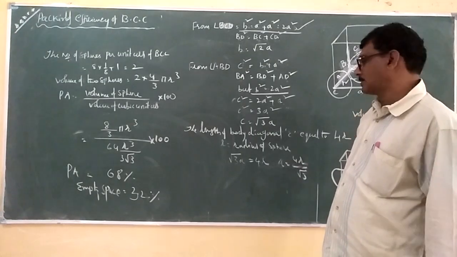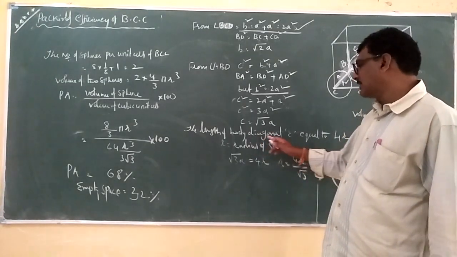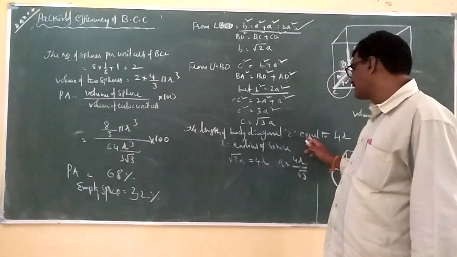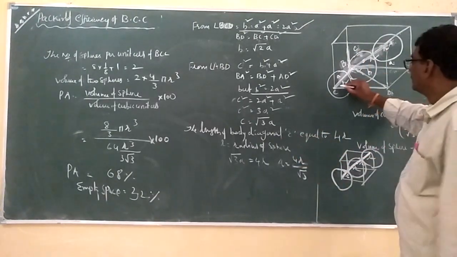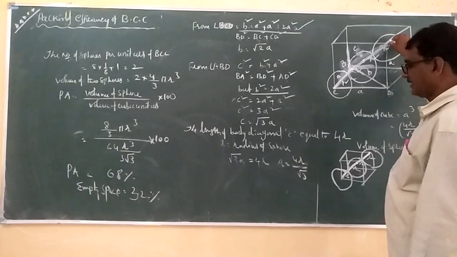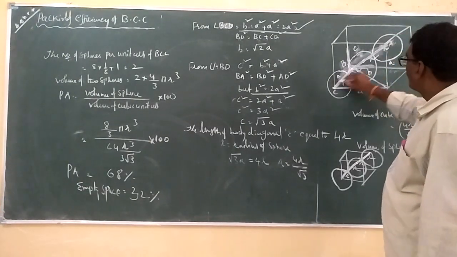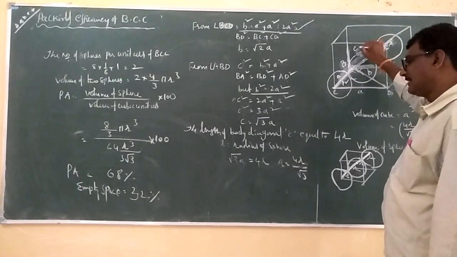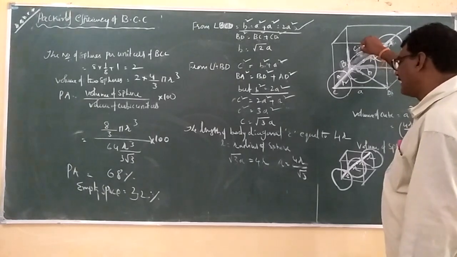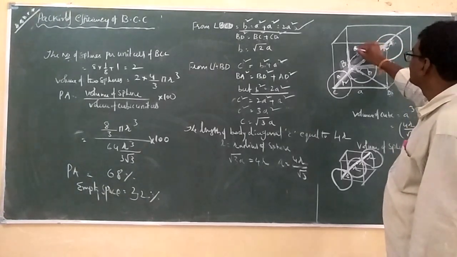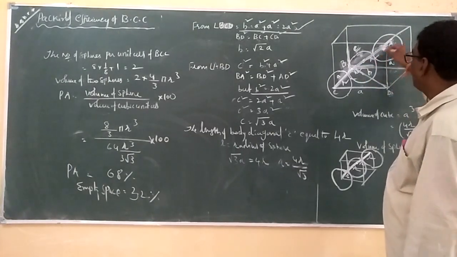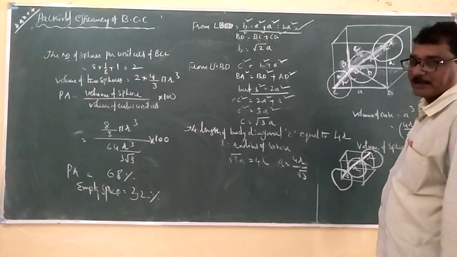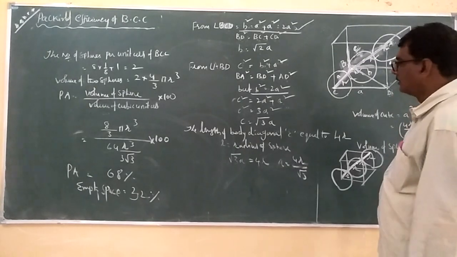C is equal to square root of 3 into A. But the length of the body diagonal is C equal to 4R. Now see, this is called a body center, so the length of the body diagonal is 4R.